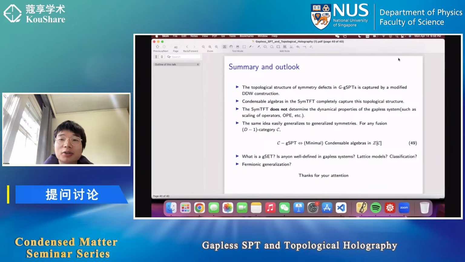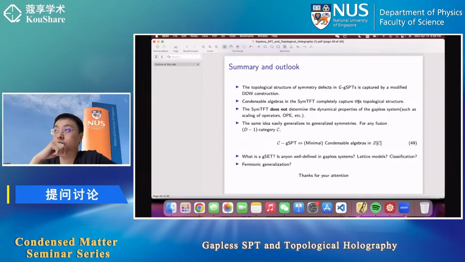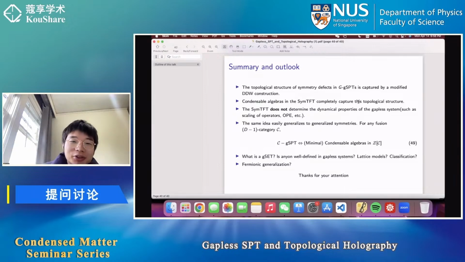Okay, so actually this is very interesting. So it has only one fermionic anyon. There's nothing to braid with it. Is that correct? Yeah. So I think this braiding non-degeneracy cannot be generalized to gapless systems. Okay, this is very, very interesting because that's exactly what you see from the SymTFT.